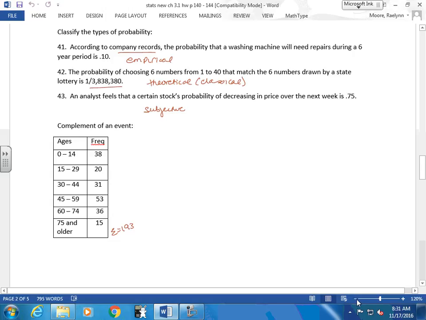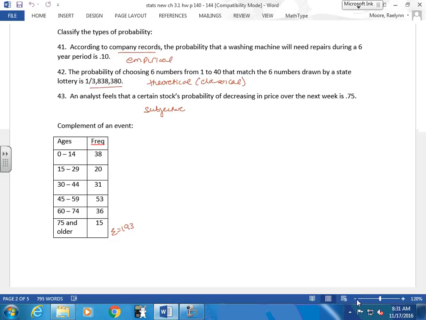This is empirical because even this company's washing machine, the records will change every year, won't they? So they have to keep changing their probabilities. Probabilities that change are empirical. Probabilities that never change are theoretical, such as the probability of choosing 6 numbers from 1 to 40 that match exactly the 6 numbers drawn. That probability will never change.